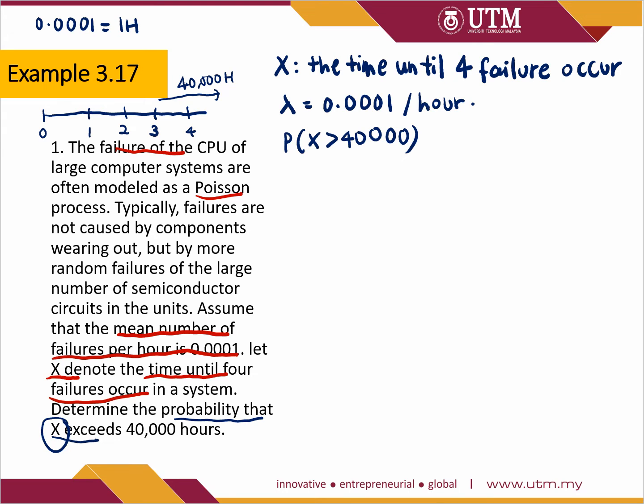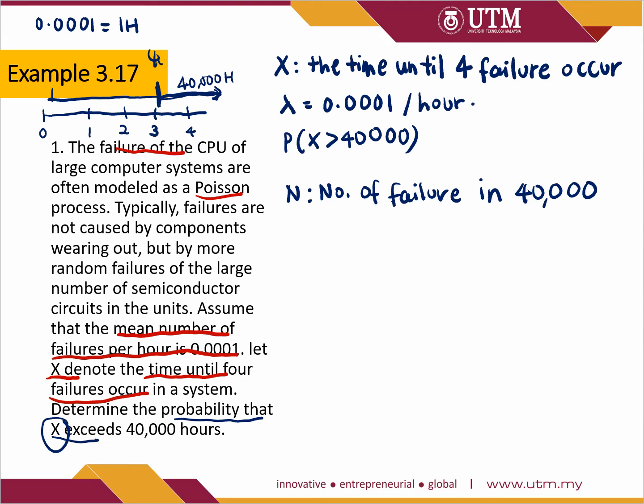So from this situation, if we define N as the number of failures in 40,000 hours, then because the fourth failure happens after 40,000, this is our 40,000 hours.